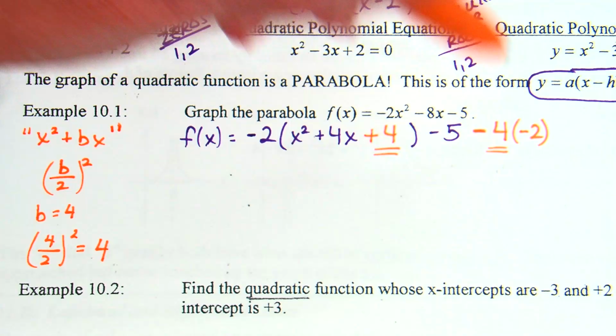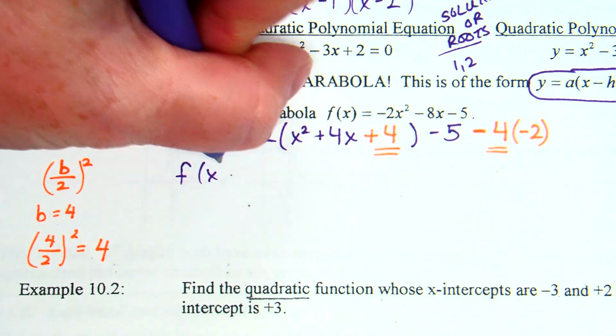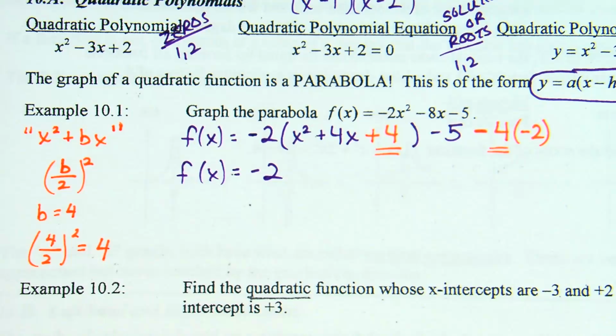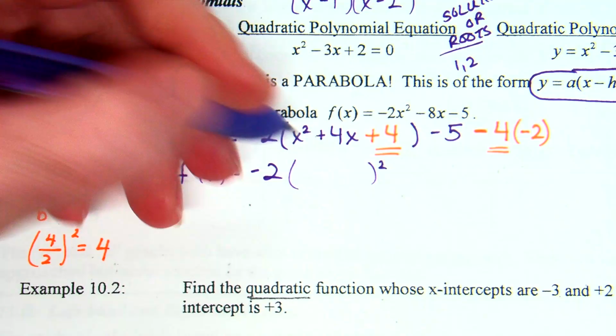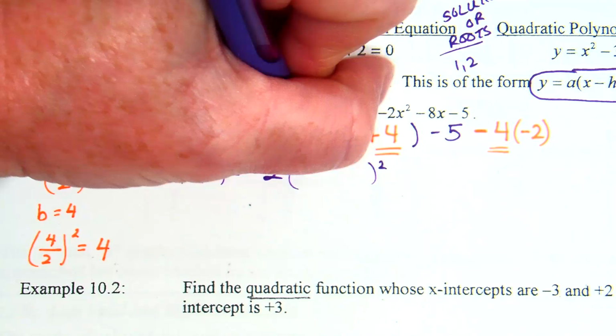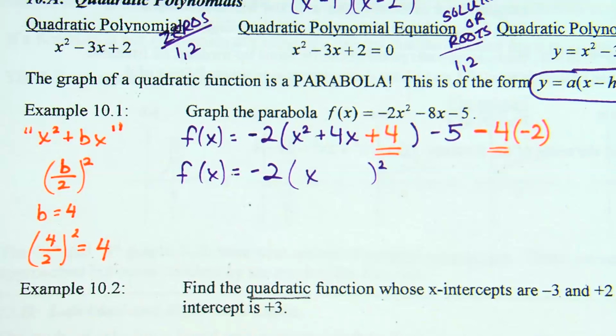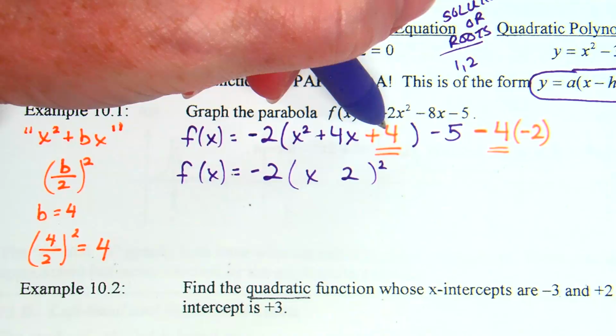Okay, let's rewrite this. The negative 2 just stays out front. The whole point of completing the square is what? Parentheses squared, right? X squared would break up into x and x, or the square root of x squared is x. Multiplying to be 4, adding to be 4, 2 and 2, or just the square root of 4 is 2. Because that middle sign's a plus, we're going to use plus.